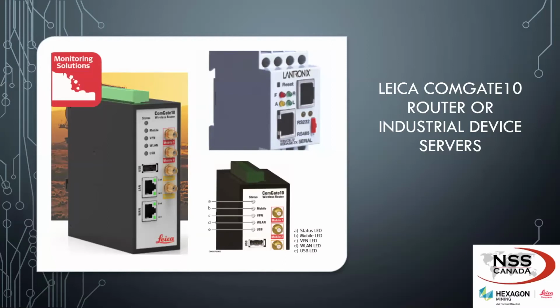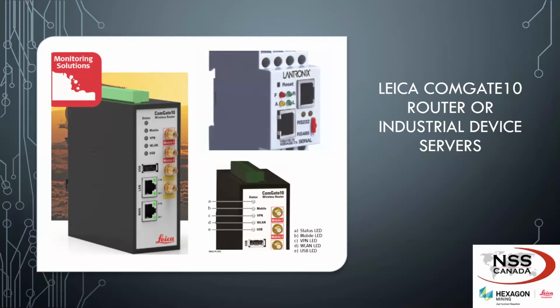Here's the CommGate. So the Leica CommGate 10 router or industrial device servers. A wide range of communication technologies are supported for sensor control and data acquisition, including cable, bus systems, radio, LAN, WLAN, GSM, GPRS, UMTS, and WiMAX.